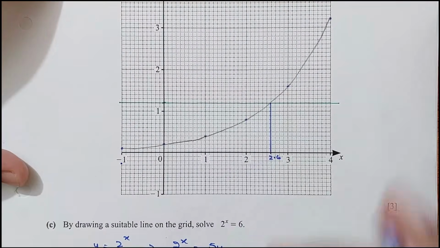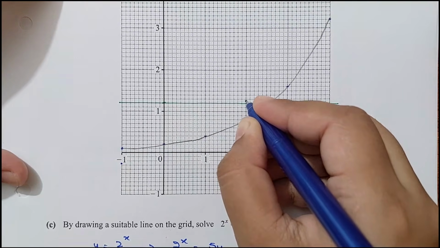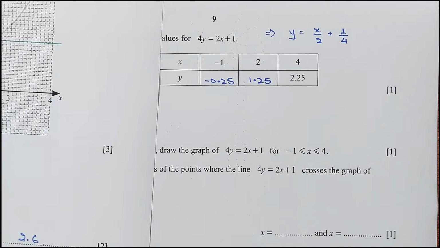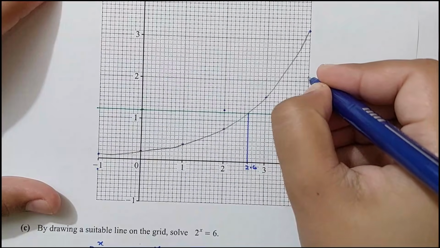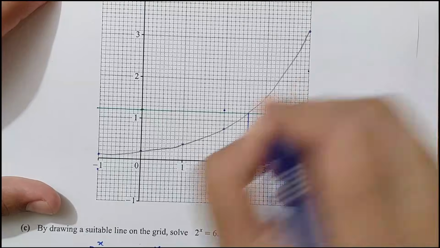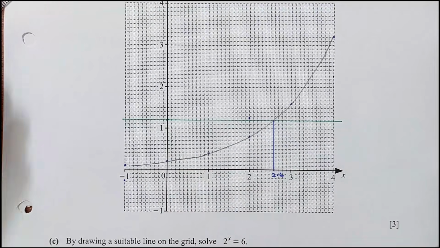For 4, 2.25. Let me connect the points to get a straight line.